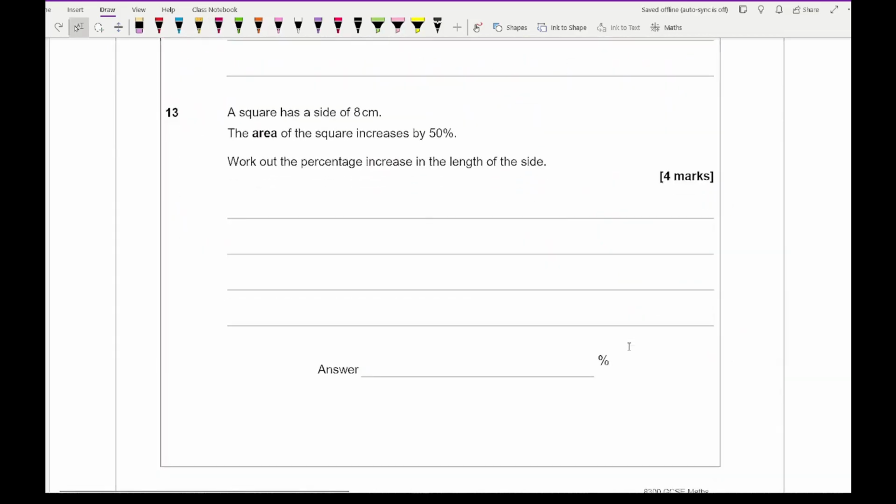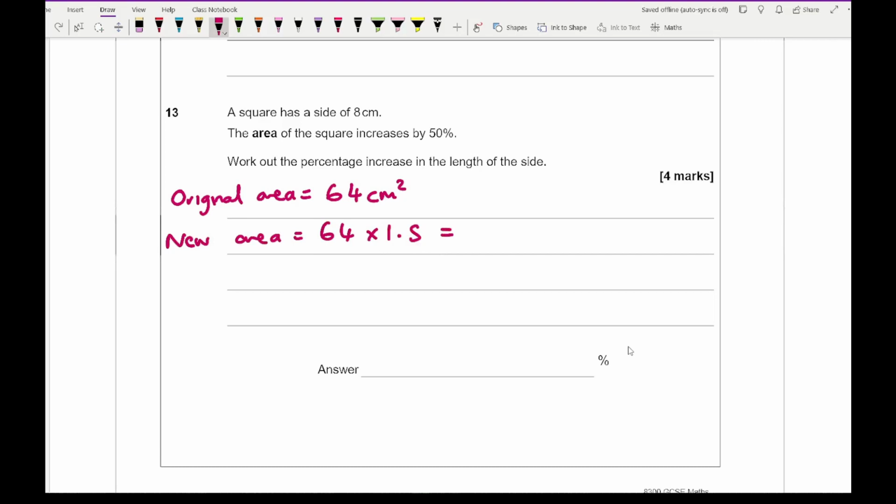Moving on to question 13, it says that a square has a side of 8 centimeters. The area of the square is increased by 50%. Work out the percentage increase in the length of the side. So if we look at the original area, that's going to be 8 times 8, which is 64 centimeters squared. The new area is increased by 50%, so that's 64 times 1.5, or 50% is going to be 32, so we add that to 64, which gives me 96.